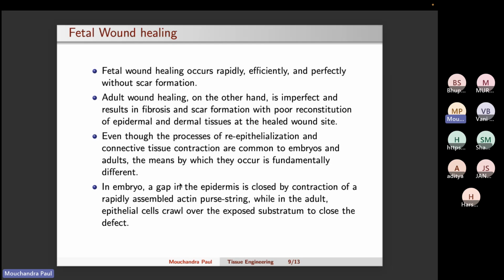They also looked at how the degradation rate of the scaffold is related to wound healing. So they individually investigated the effect of pore size and degradation rate of the scaffold on the wound healing process, and how wound contracture and then normal wound healing get changed in the first study.